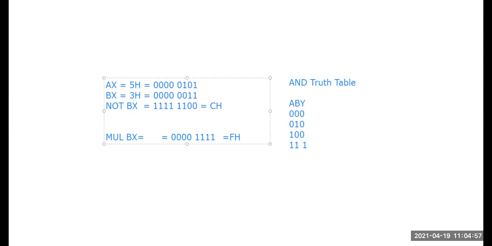And what you will get: when 0 0, then it will be 0 0 0 0 0. Then 1 0 means 1, 0 1 means 1, 1 1 means 0. So it will give you 0 6. So we are seeing here that the result is 0 0 0 6.